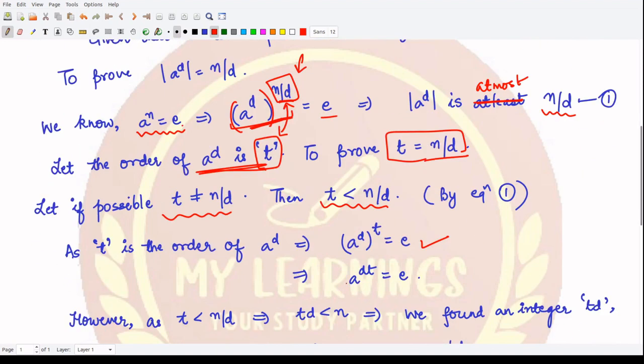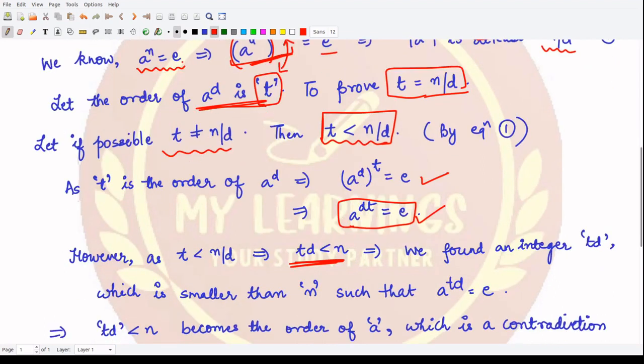So you have A raised to power dt is equal to e. However, by our assumption t is less than n by d, so from here you can clearly see dt is less than n. So you also have this expression that A raised to power dt is equal to e.